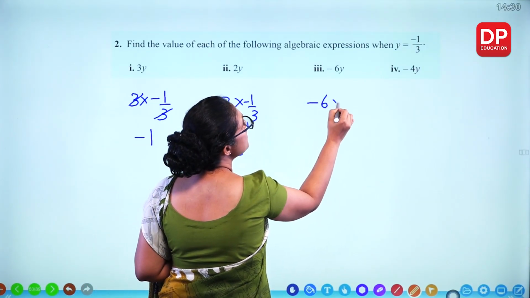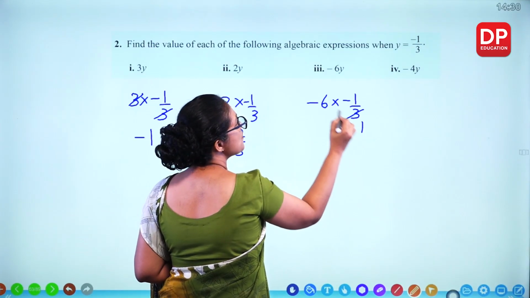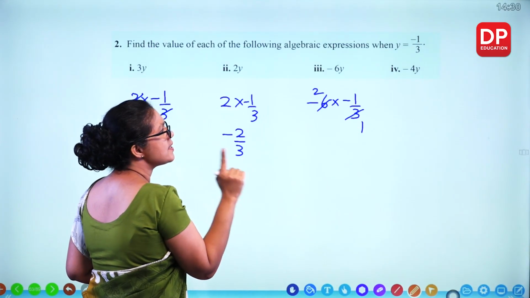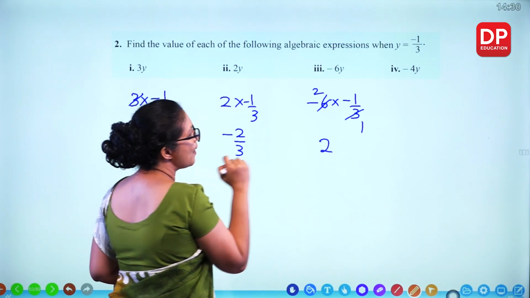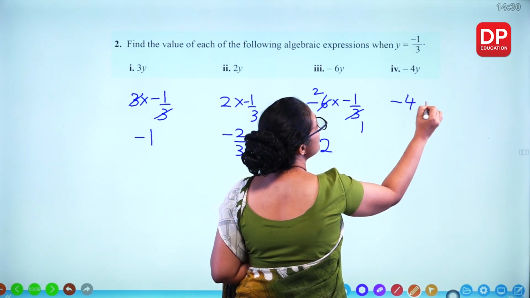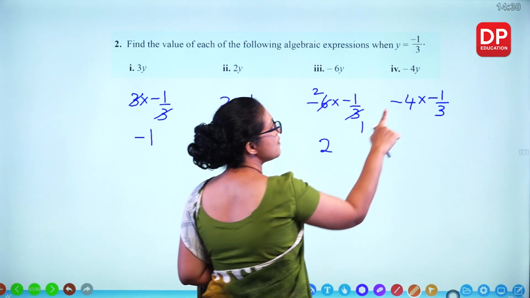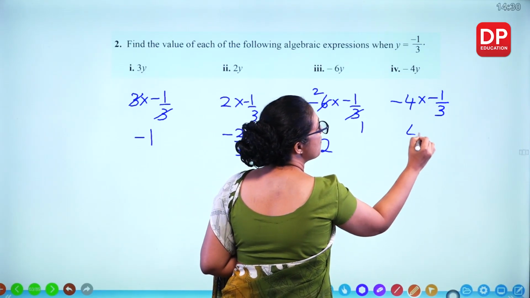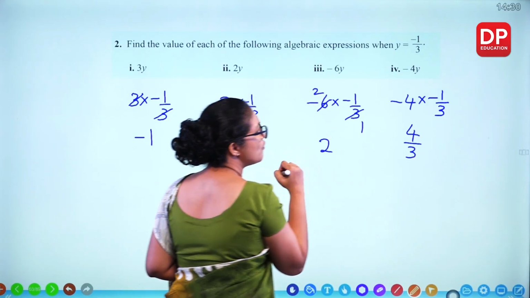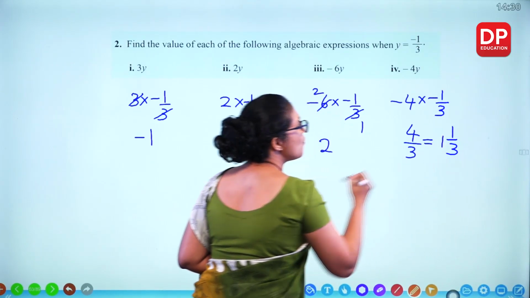Minus 6 times minus 1 over 3. 3 times 1, 3 times 2. Minus minus plus 2 times 1 plus 2. Minus 4 times minus 1/3. Here you can't simplify, so minus into minus 1 plus 4. That's 4 over 3. Mixed number, you can write 1 and 1/3.